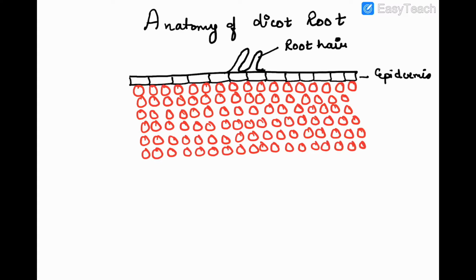So these are the cells of cortex, and as I've already told you, they are parenchymatous cells, and they have intercellular space in between. Now the next layer is of endodermis. Endodermis consists of barrel-shaped cells.